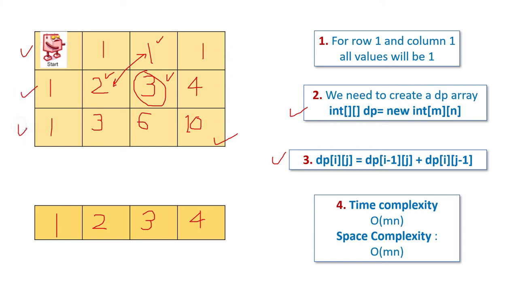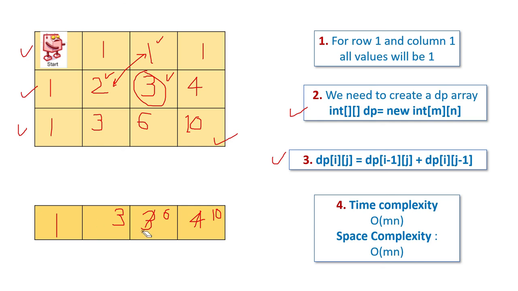Now for the third row, this part will be fixed, then we add 2 plus 1, it will become 3. And we add 3 plus 3, that will become 6. Then we add 6 plus 4, that will become 10. So 1, 3, 6, 10. So this part is also done.